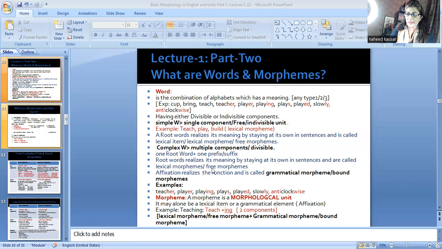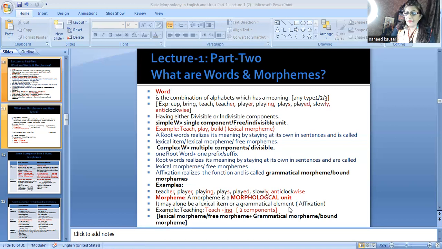So by this explanation, I guess you have the idea that there are two very clear types of morphemes: the lexical morphemes or free morphemes, and the grammatical morphemes or bound morphemes. Morpheme is basically the morphological unit, right? They have just two roles to play: one, to give meaning, and if it is giving some meaning, being autonomous, it is a free morpheme. But if it is performing some function in the word, it is a grammatical element.